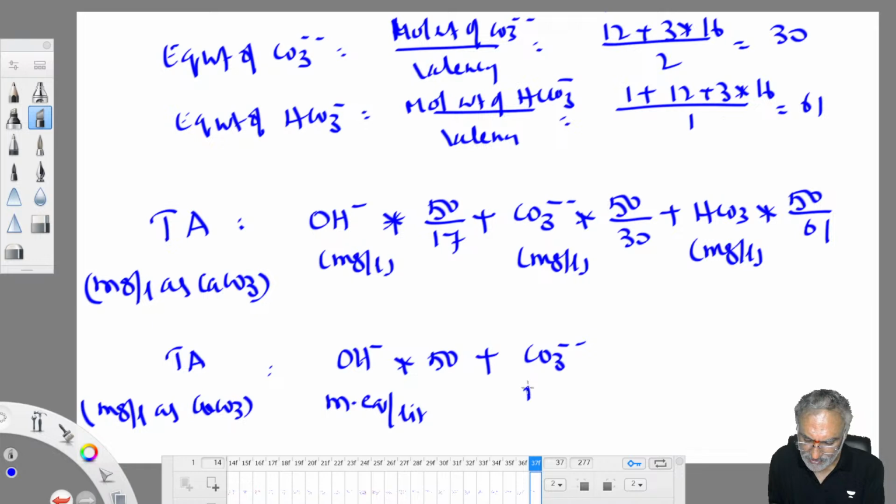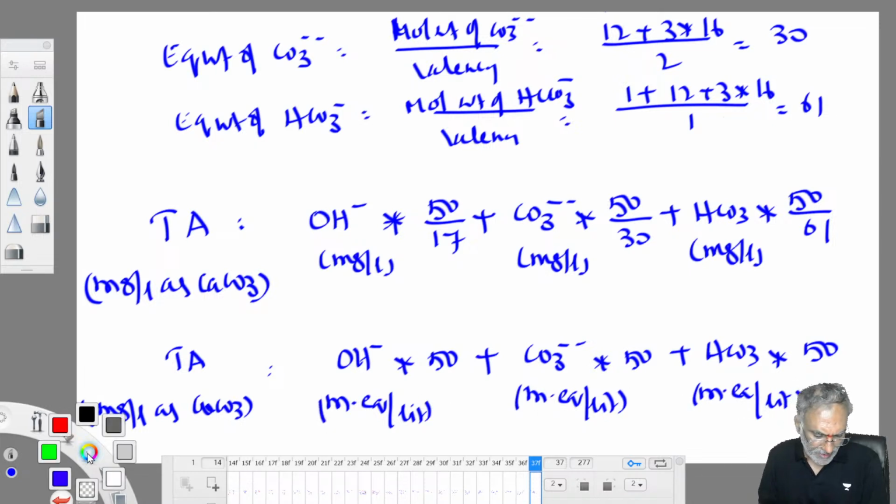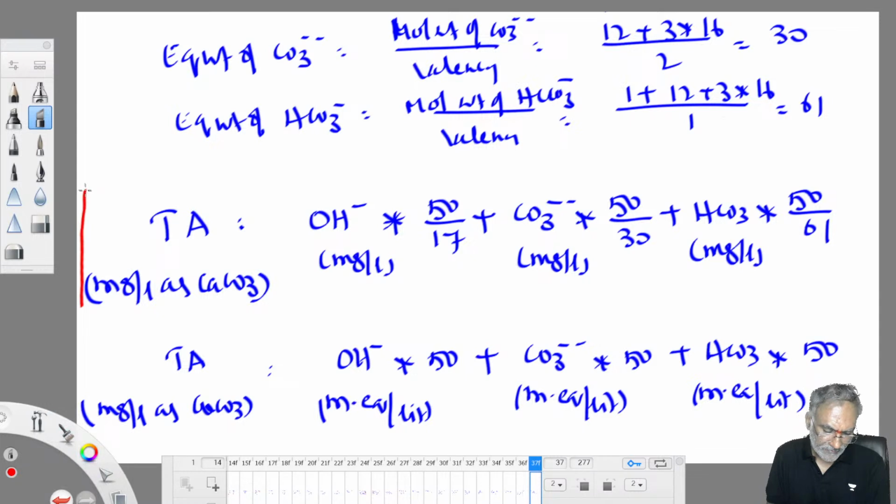Most of the time, to confuse you, they give in milliequivalents per liter. It is so simple and easy to convert milliequivalents per liter to milligram per liter. That 1000 business is not there. So this is how we can work it out. If they are given in milliequivalents per liter, this is the equation. If they are given in milligram per liter, use this equation.